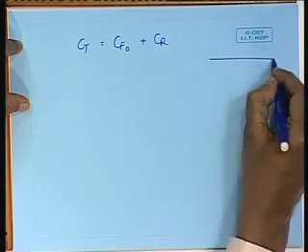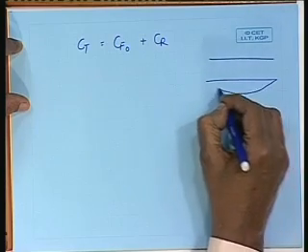Now, the ship shape is actually 3-dimensional. There are 2 effects that happen. One is that compared to a flat plate, the water has to travel a longer distance because the ship is curved. A flat plate and a curved plate.